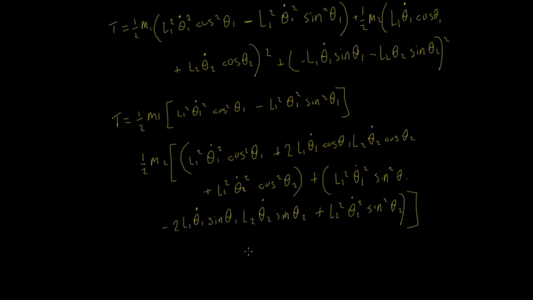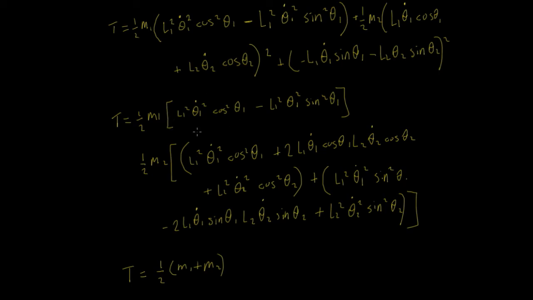Now you can see it's all a bit long and involved, but we can simplify that a little bit, and you can convince yourself of this, but that can be written as a half m1 plus m2. So what we're really doing is circling some of these terms so you can see.